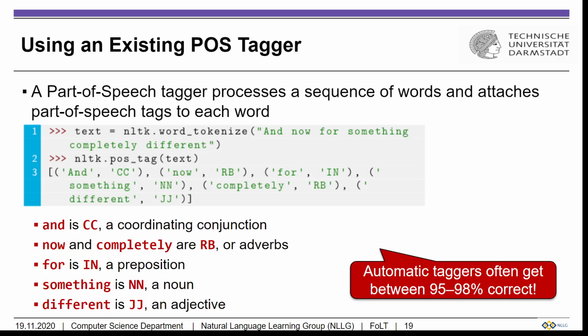Especially for English, which is a rather simple language for part of speech tagging, and also doesn't have too much linguistic variation, and especially nowadays that we have all those neural taggers, we really come very close to the human upper bound.